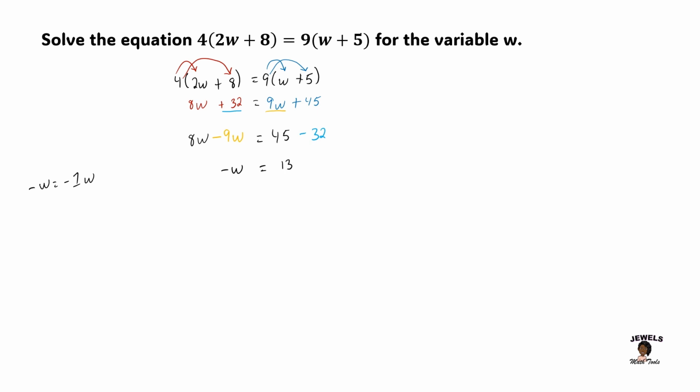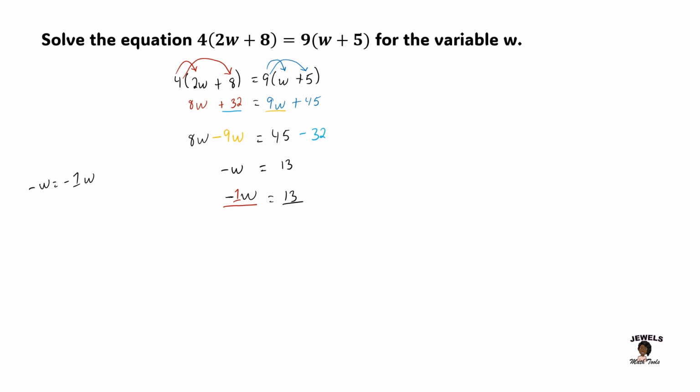So now to apply our final step, remember that we have that negative sign on our w. So that means that I'm now going to be dividing. And since I'm dividing for this step, I will write in the 1w, just in case there may be a bit of confusion, so that as we simplify, you will understand where I got the negative 1 that I'm about to use in my equation.